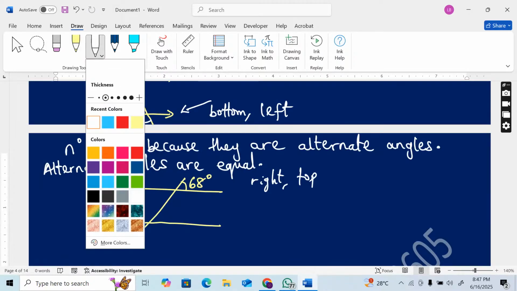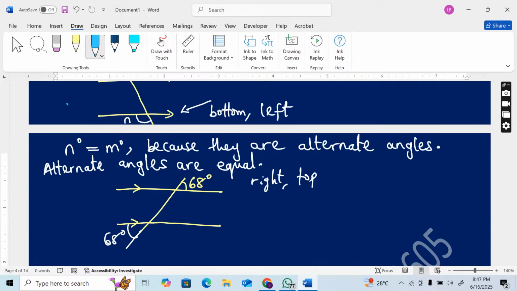Now I'm going to create a blue angle. Now right here I have angle Y. Angle Y is alternate to another angle. Angle Y is on the left bottom of the line. Now you come back to the right of the second parallel line.